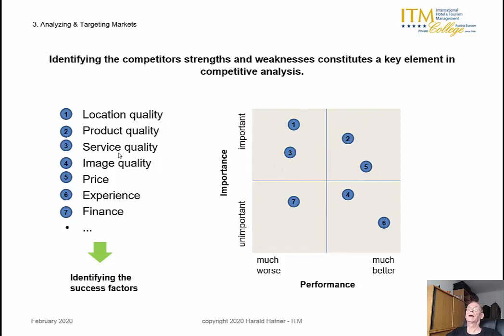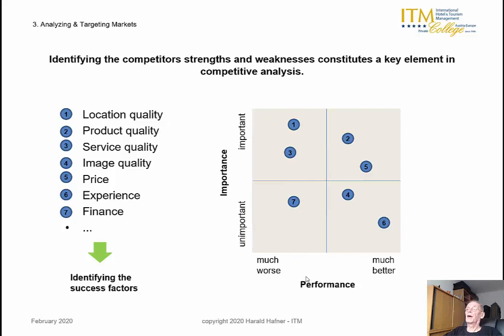Those are the important success factors, and some of them are less important to the customer, which is finance, experience, and image quality, for example, in our hypothetical case. You should be doing things that are important to the customer well, and things that are unimportant to the customer, it doesn't really matter.